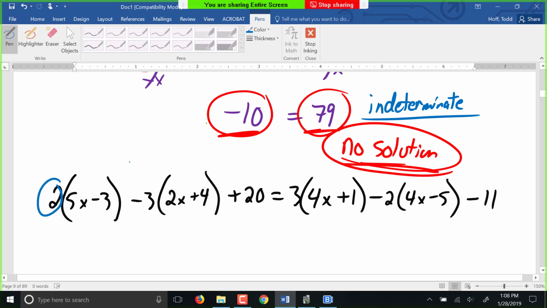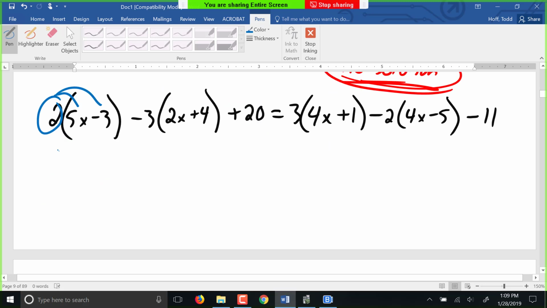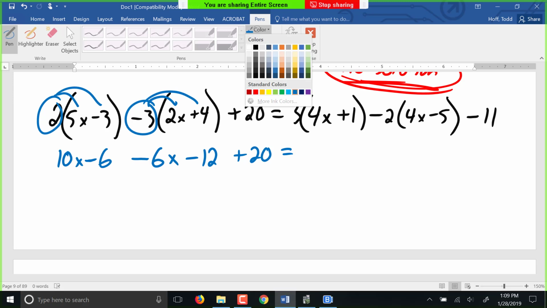Okay, so we multiply by the 2, we get what? 10x minus 6. Good. What's next? So negative 3, we distribute that, we get minus 6x minus 12. Good. Of course, we have the plus 20. What's next on the left side?